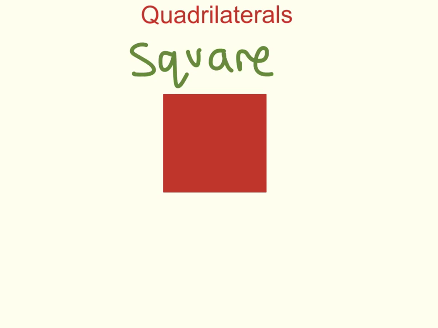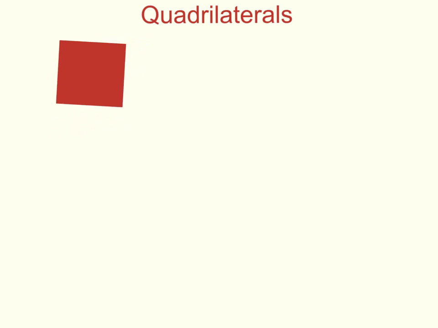Neat. You know what else a square has? A square also has a set of parallel lines there and a second set there. So it has two sets of parallel lines. That is a square. I'll put it off to the side here.